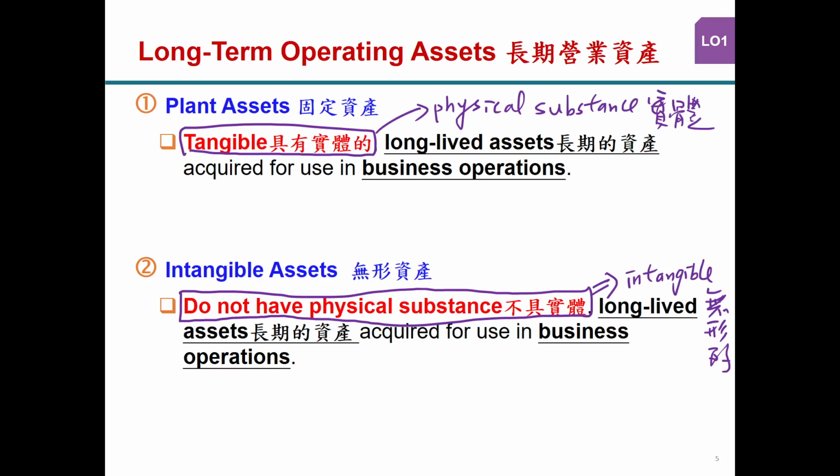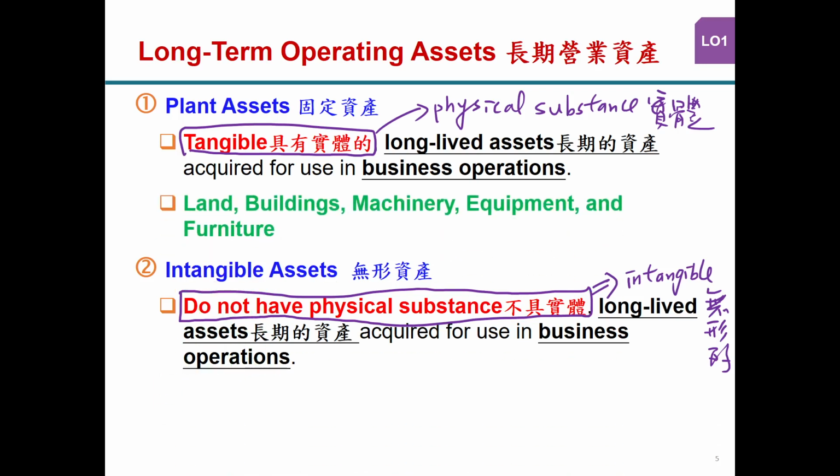Okay, so for plant assets, what kind of plant assets do we have? Usually four major plant assets. Like what? Land, buildings, machine equipment, furniture. Buildings, like how many buildings do we have?